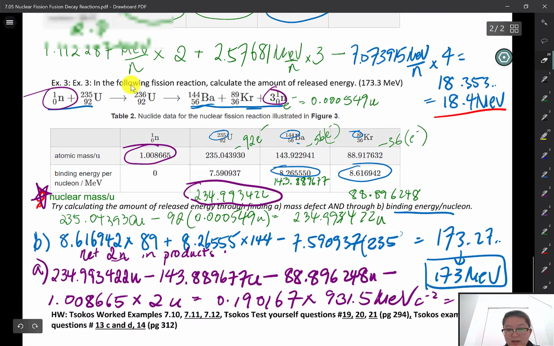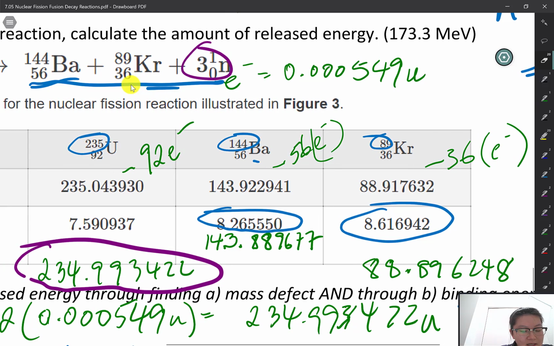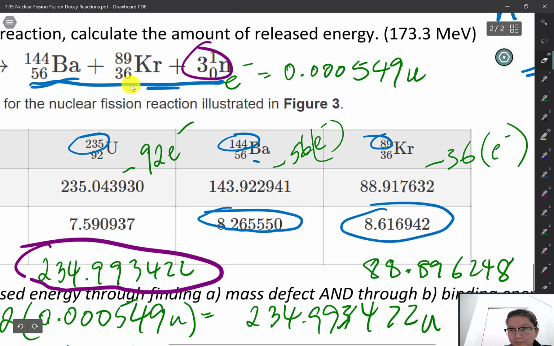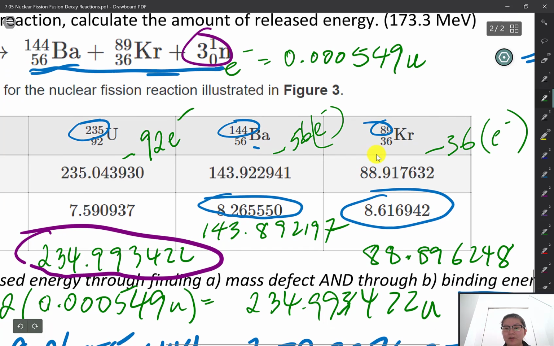Okay, I noticed I had a bit of a mistake in some of my initial calculations, involving the number of electrons and finding the nuclear mass. So the number here for barium should be 3.892197. Even a small change results in a large amount of energy, so we have to be very careful.